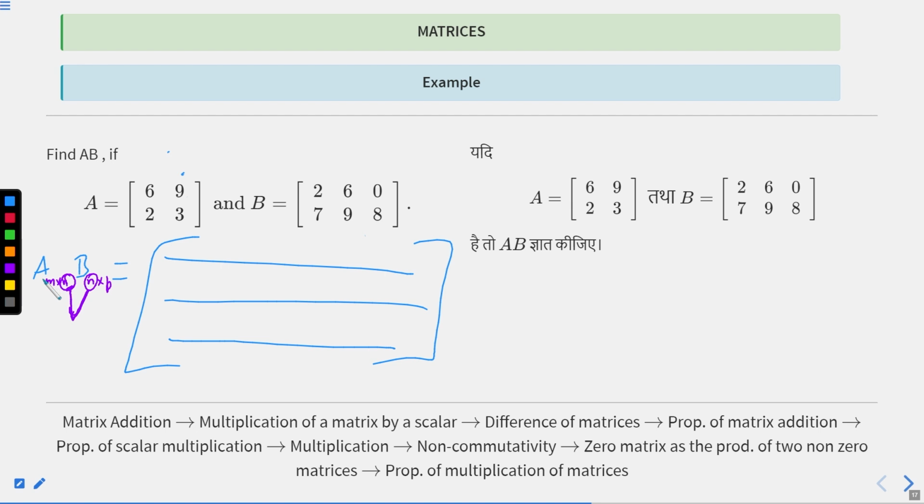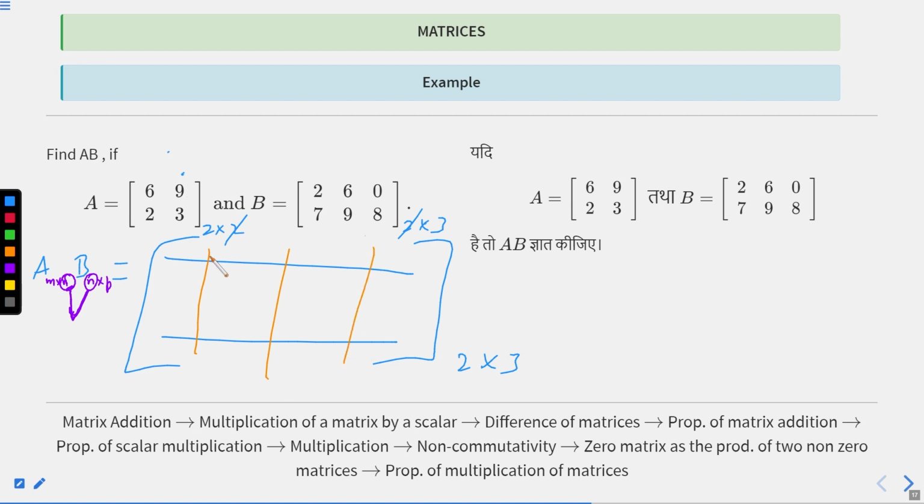How many rows will you have? So 2 cross 2, 2 cross 3. In total, this will be cancelled because of the same, and you will have 2 cross 3. This means 2 rows and 3 columns.